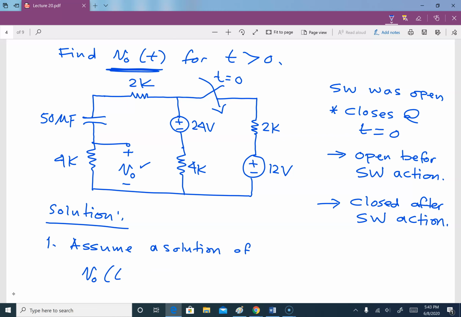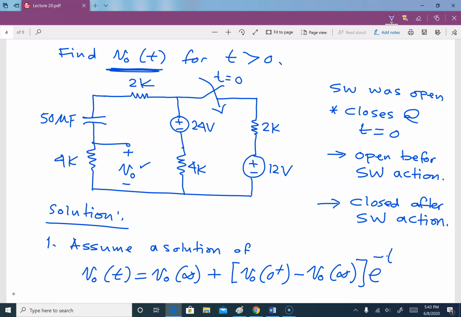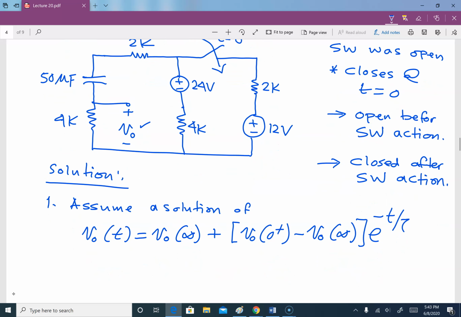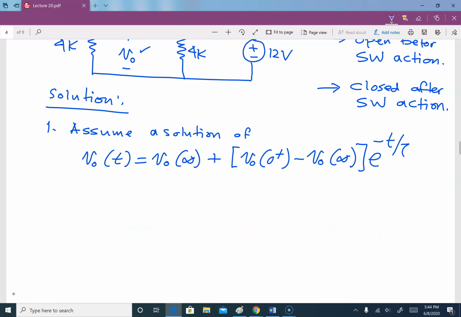V naught of t is equal to V naught of infinity plus V naught of 0 plus minus V naught of infinity multiplied by exponential of negative t over tau. So from this, we have the steps to find our V naught of infinity, our V naught of 0 plus, and our tau. So this is our first step.